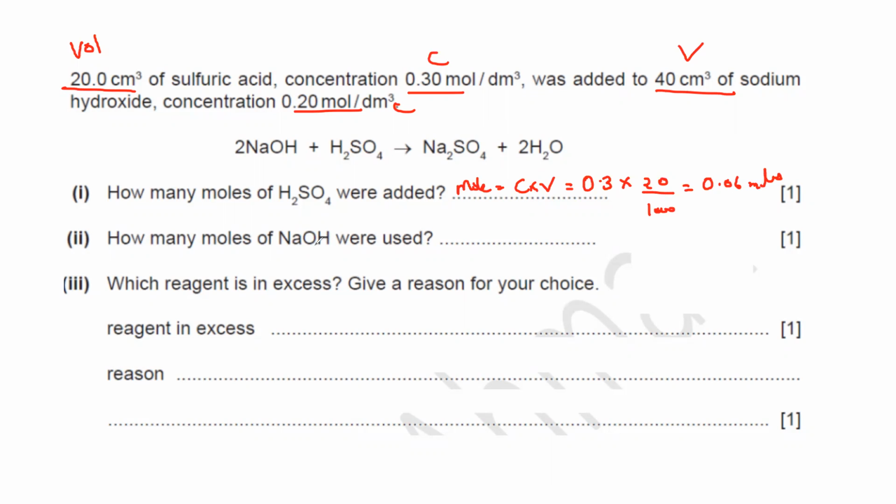Now to get the moles of sodium hydroxide, we have the volume and the concentration, so again we use the same formula: concentration times volume. The concentration is 0.2 and the volume is 40 divided by 1000, so 0.04 multiplied by 0.2, which equals 0.008.